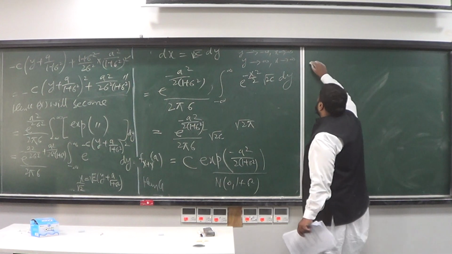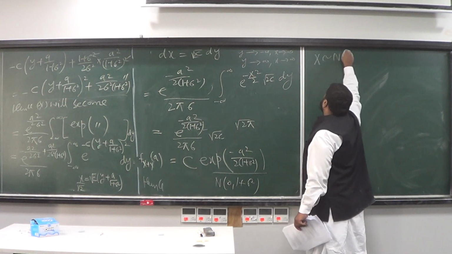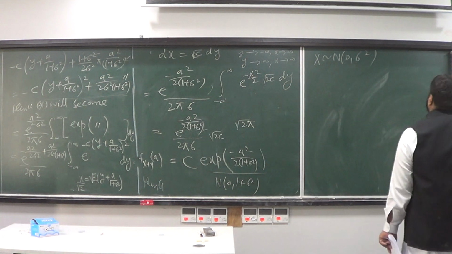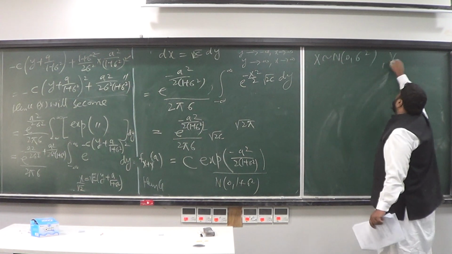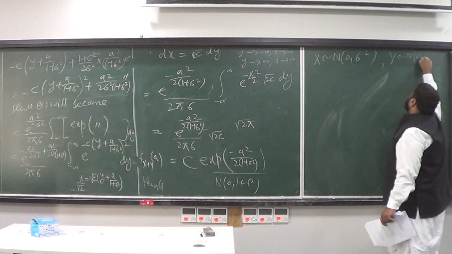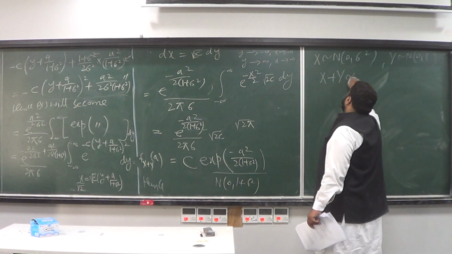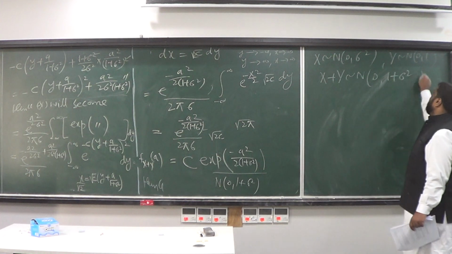The conclusion that you get is that we prove that if x is normally distributed with mean 0 and variance sigma squared, and y is normally distributed with mean 0 and 1, then x plus y would be normally distributed with mean 0 and variance 1 plus sigma squared.